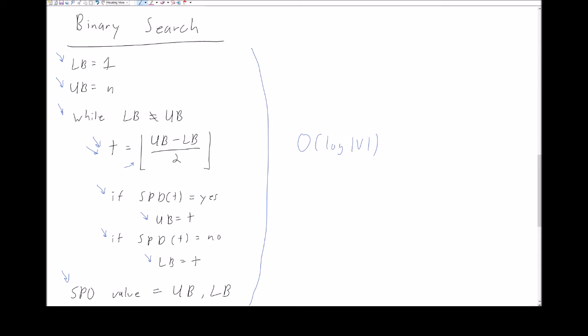If we actually analyze the runtime in a more formal way, we would get that the running time actually has order log v calls to SPD. So this is again a reduction, but now a very fast reduction. And in general, the binary search technique is going to allow us to convert decision problems into optimization problems in a polynomial time way.